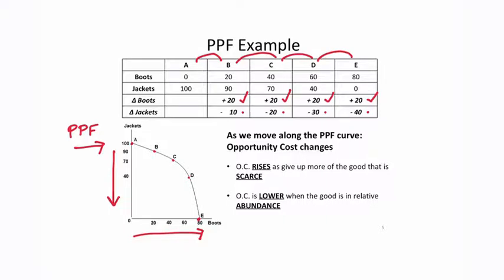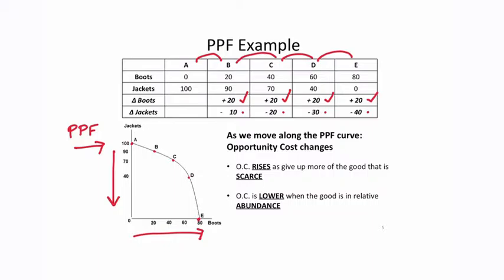We see that the movement along the PPF curve represents the opportunity cost of producing more boots. What we see is that opportunity cost rises the more abundant production we have of boots. So what we see is that the opportunity cost rises to give up more of the good that is scarce. So the more boots that we have, the higher the opportunity cost to produce an additional boot, because we are scarce in the number of jackets that we have.